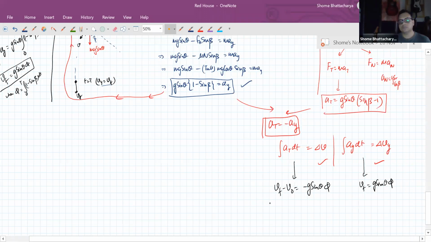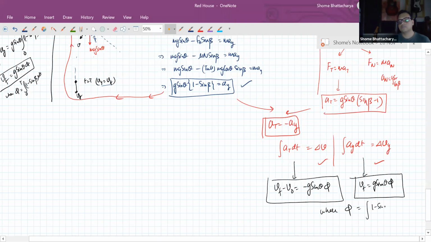So just solve these two now. Substitute g sine theta into phi as V final and you'll get the answer. So you'll get V final minus V naught is minus V final, so V final is V naught by 2.